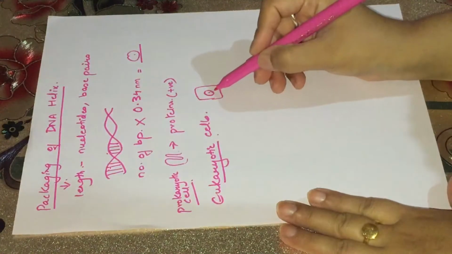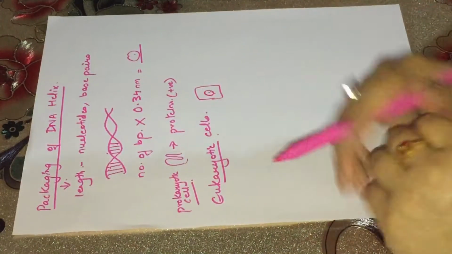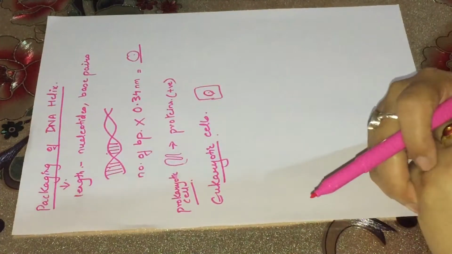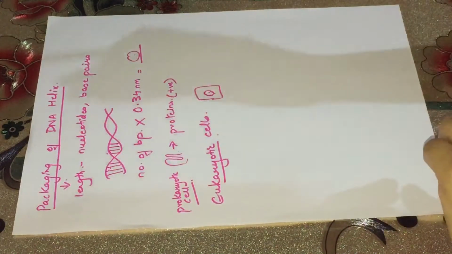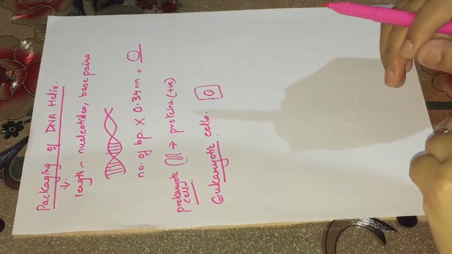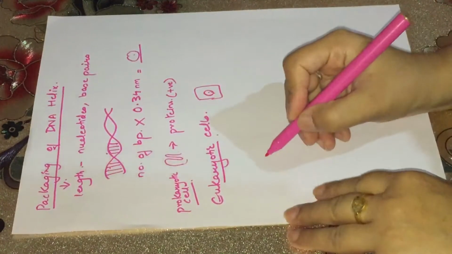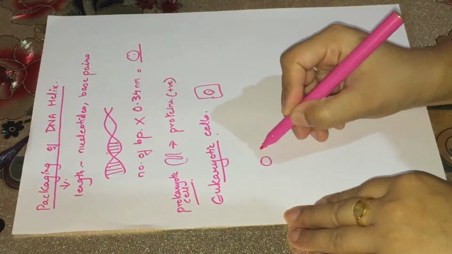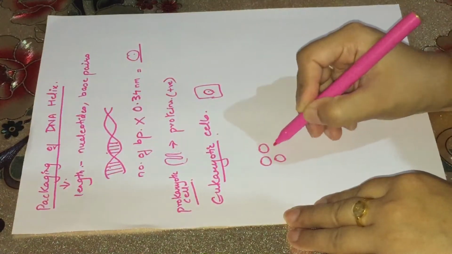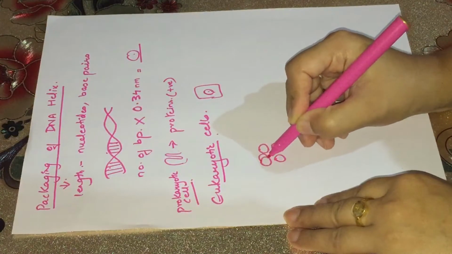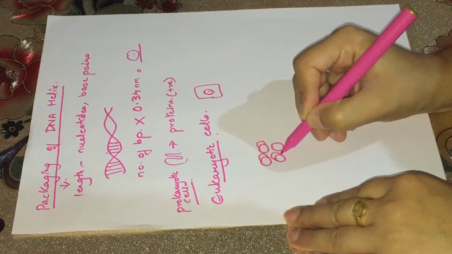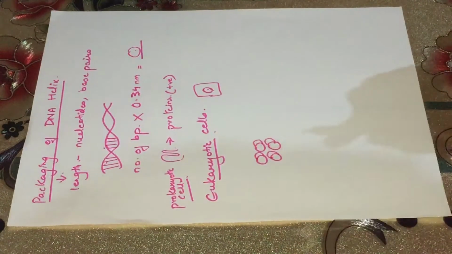Very important: in eukaryotic cells, the DNA is wrapped around a positively charged histone octamer. Octamer means 1, 2, 3, 4, 5, 6, 7 and 8. This is just a rough diagram I'm drawing here.